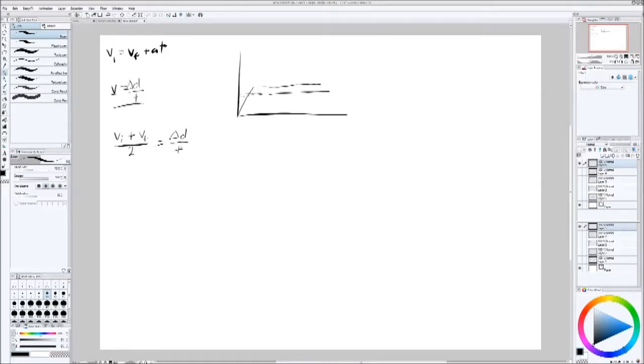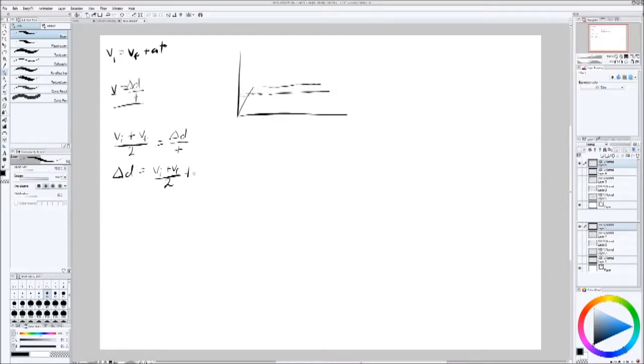And then we can rearrange this once more to get the equation that we usually have. So we want to get the distance by itself, so we multiply both sides by time, as we saw before. We end up getting change in distance is equal to initial velocity plus final velocity over 2, all multiplied by time.